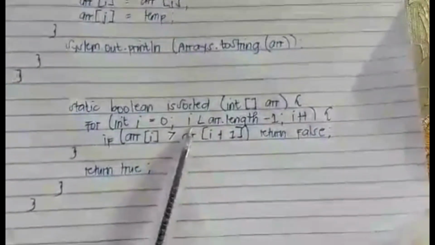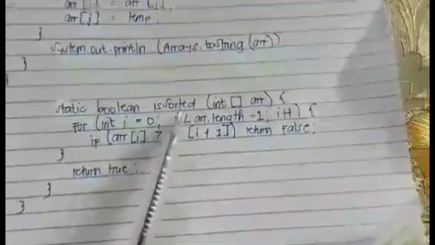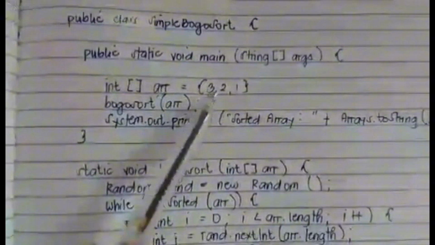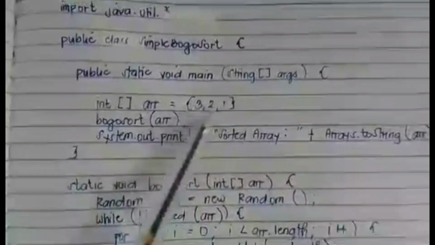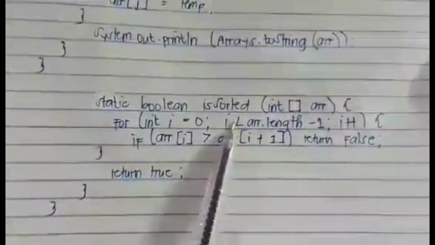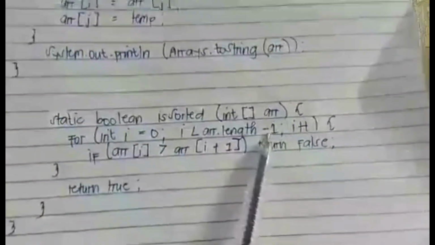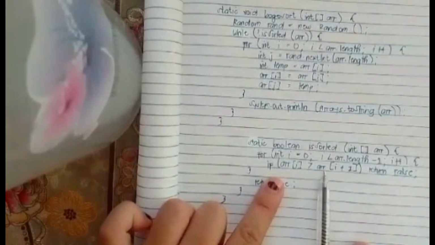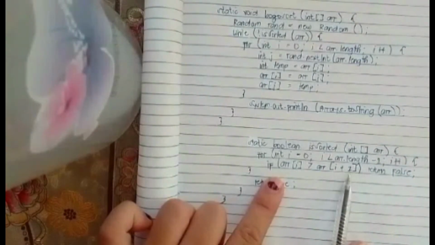Then 0, ang i nato diri is 0, so 0 is less than array.length, which is atong array.length is 3 since this is 1, 2, 3, tulo sila. Then minus 1, so 3 minus 1 is 2, so 0 is less than 2, so yes.